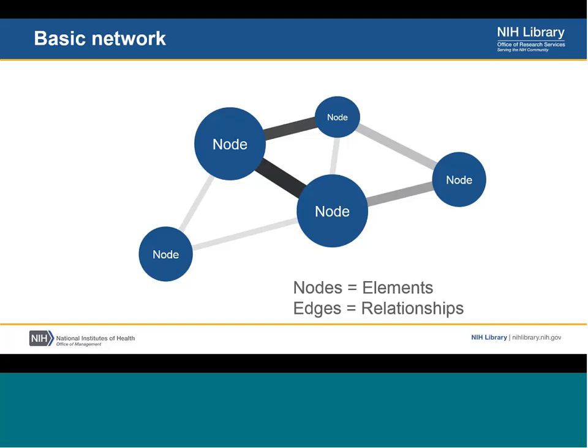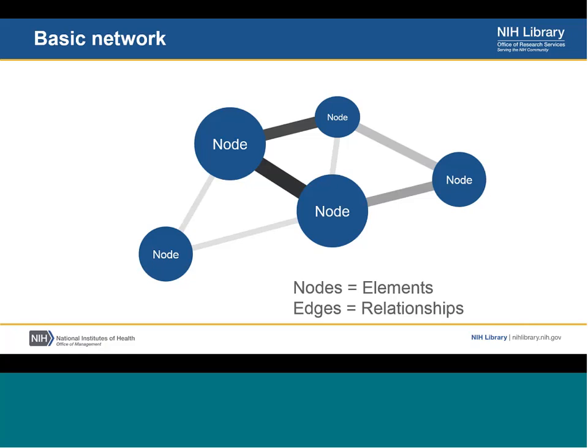In this case, we're also adding in some additional attributes. So the nodes are sized based on some attribute associated with them, so they're larger or smaller based on the quantitative value. The edges are also larger or smaller, and darker or lighter, depending on the weight of the edge, or the quantitative value associated with that edge.